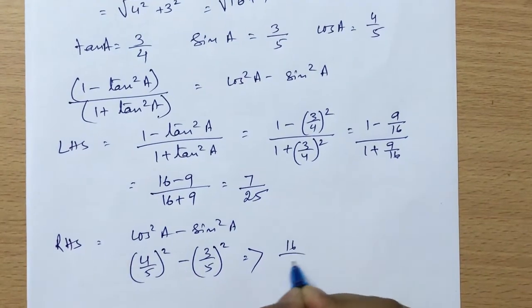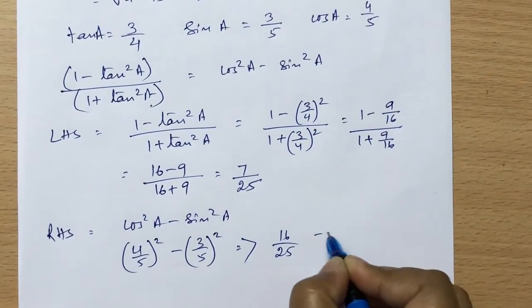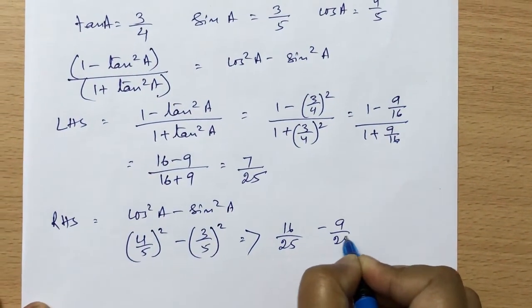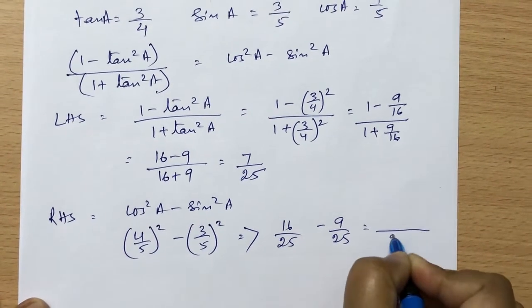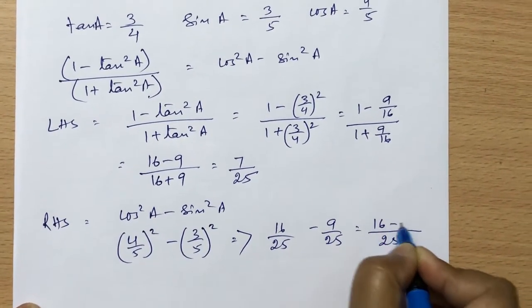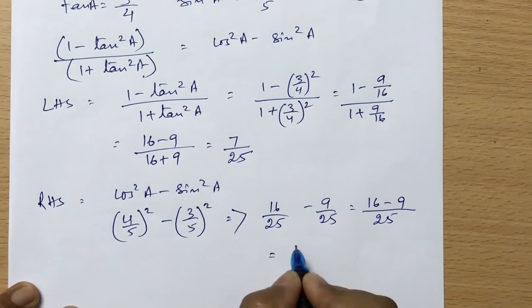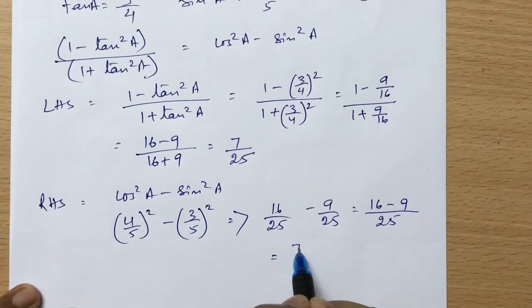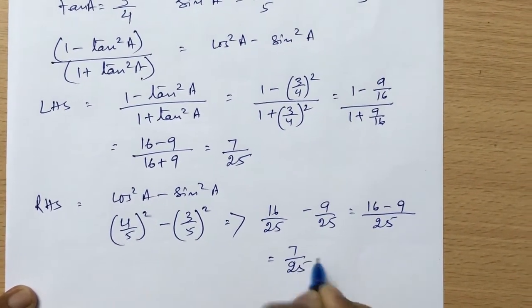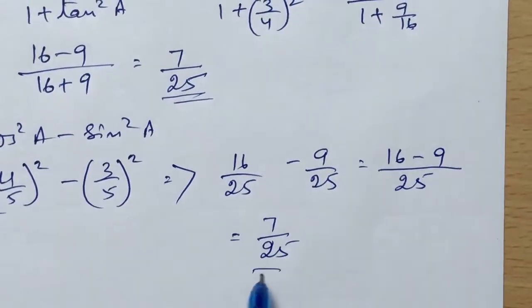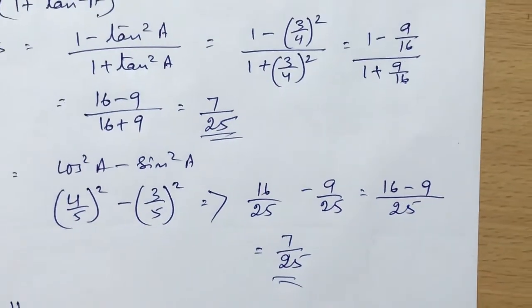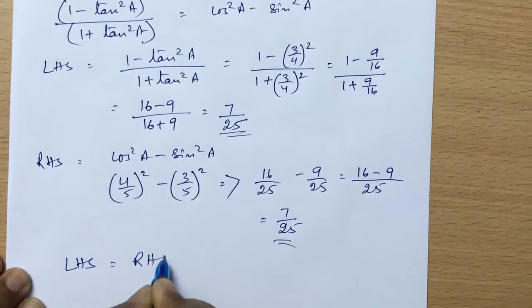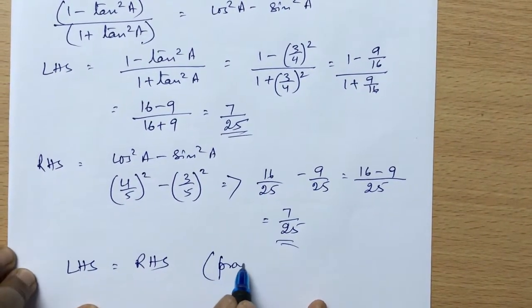So 16 by 25 minus 9 by 25. So 25 is the base. 16 minus 9, that is equal to, again, what do you get? 7 by 25. So is that clear? So LHS is equal to RHS. Proved?